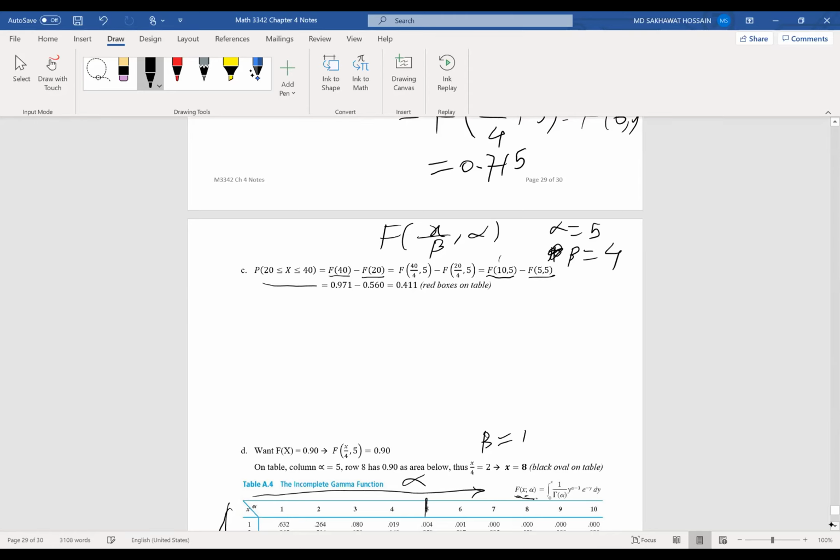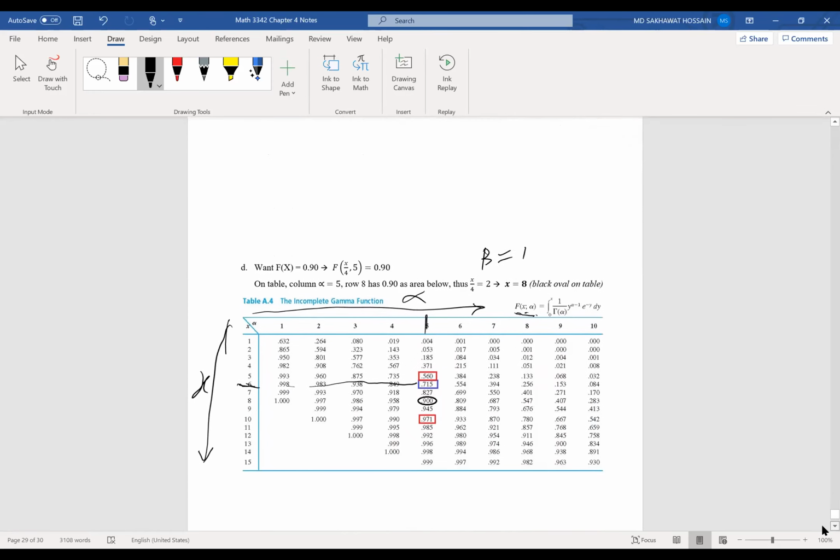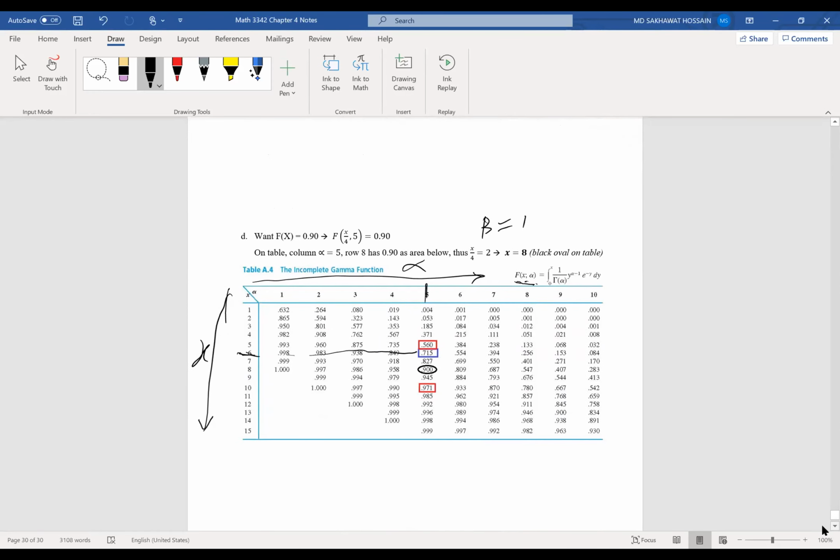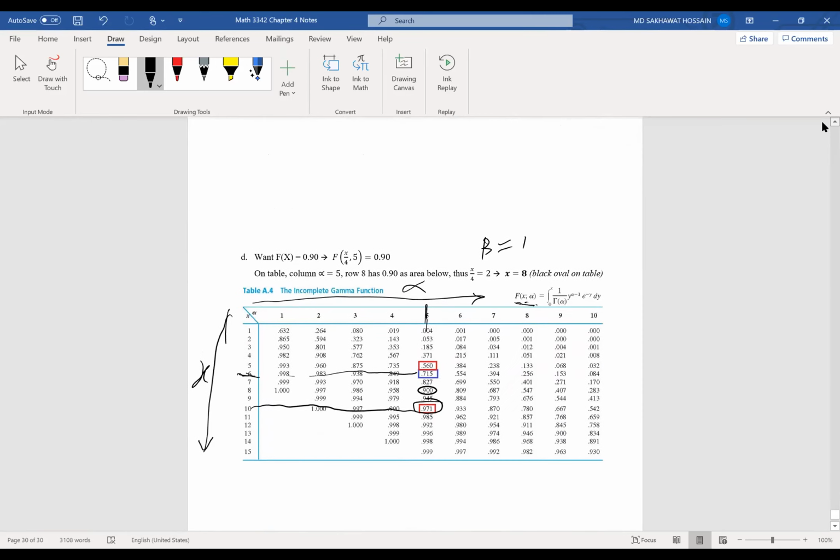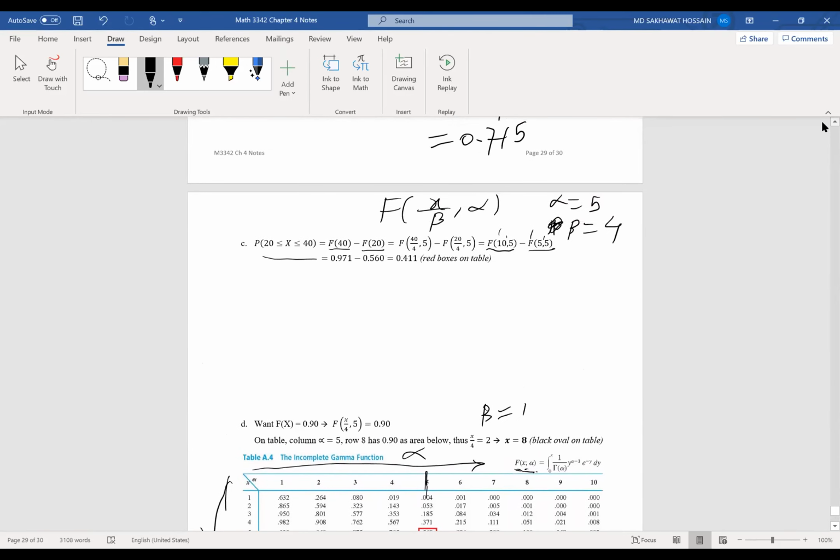Now we have to look at these two numbers in the table to find the probability. If you go to the table, the first one is F(10, 5). This number is 10 and this is 5, so it is 0.971. And the next one is F(5, 5).